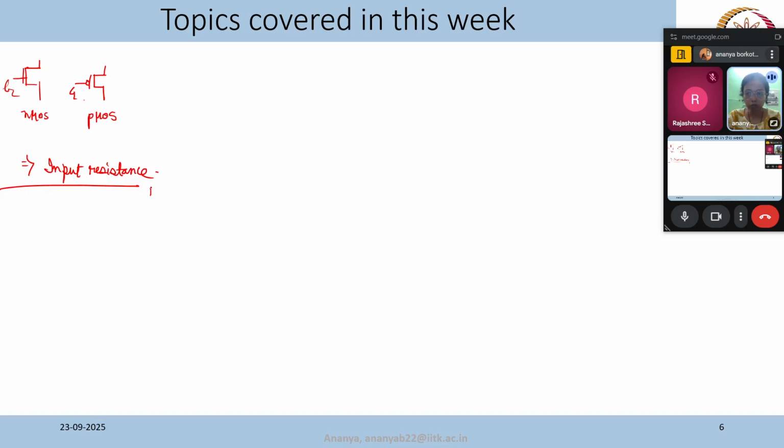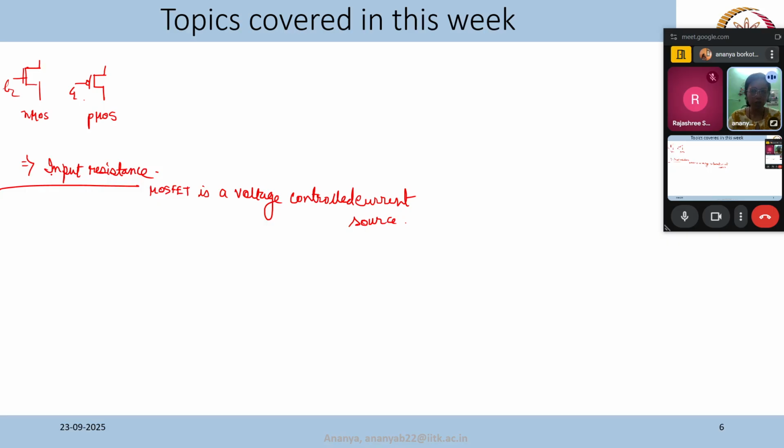So what is a MOSFET? A MOSFET is a voltage controlled current source. So we are discussing input resistance, I mean that side where we apply the gate voltage.